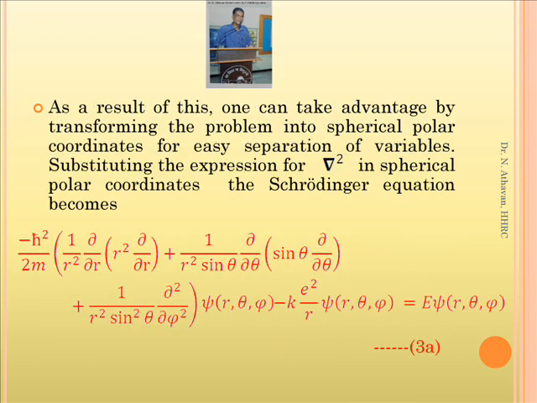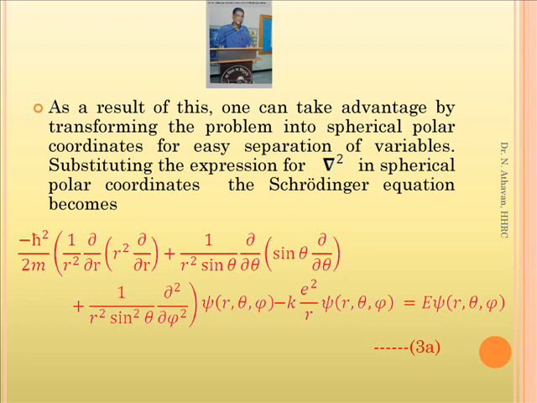As a result of this, one can take advantage by transforming the problem into the spherical polar coordinates. Why do we have to transform this problem to spherical polar coordinates? Because we expect, due to this spherical symmetry of the problem, the differential equation may split up into three equations, one for each variable.